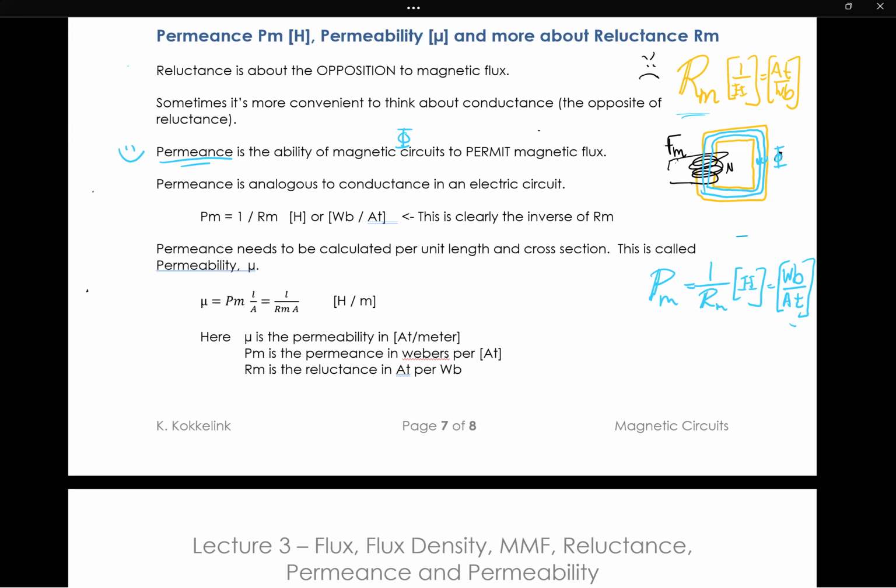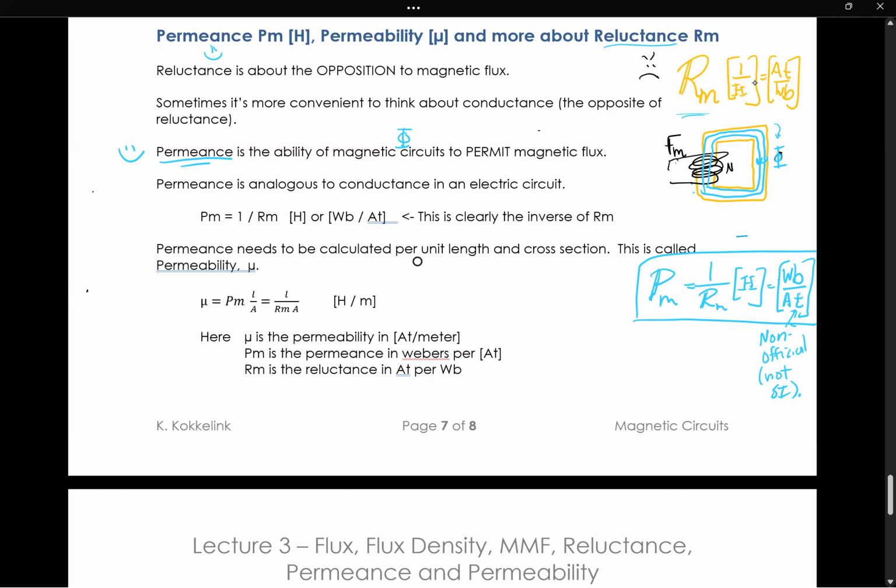And remember, we sometimes add turns here as non-official, not an SI unit, but it reminds us that the number of amps in each coil was multiplied by the turns, which induced these magnetic field lines in this material. So all we have done is we've taken reluctance and we've turned it upside down. We've looked at the inverse of it and we say, how permeant is this material? So that's what our formula is for permeance.